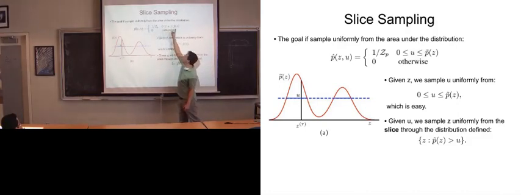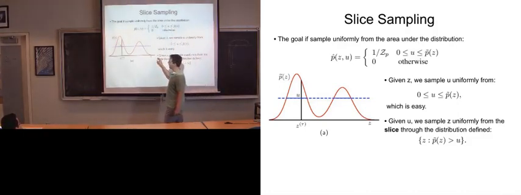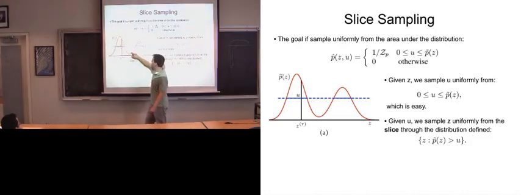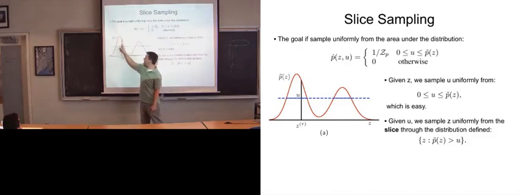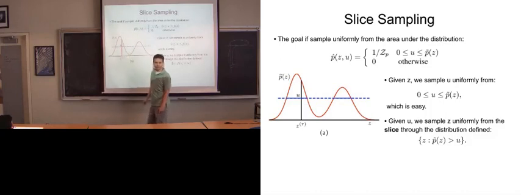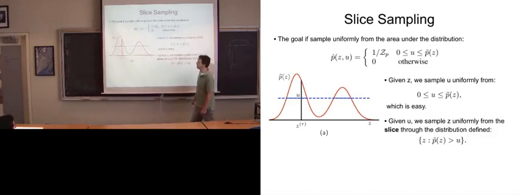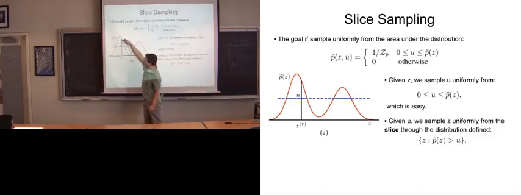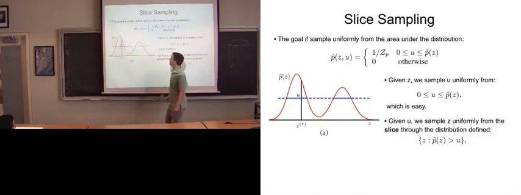For any given value of Z, you sample U from this region. That's the definition. Let's say this is the target distribution of interest. For a given value Z, you sample U uniformly over this slice. Let's say you sample U here. Obviously, you can compute P tilde of Z, so just uniformly sampling the space, you can sample U here.